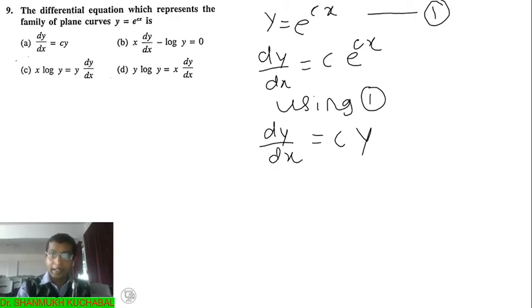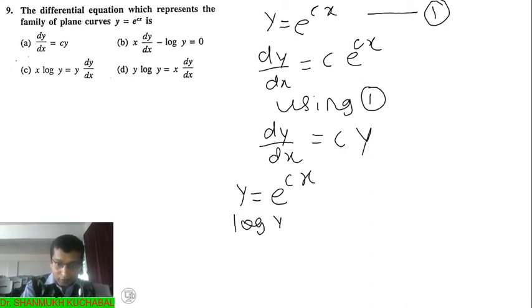Now I take equation 1 again, that is y equal to e raised to cx. It is in exponential form, so we have to write it in logarithm. e we transport to LHS, it will become log y to the base e equal to cx.